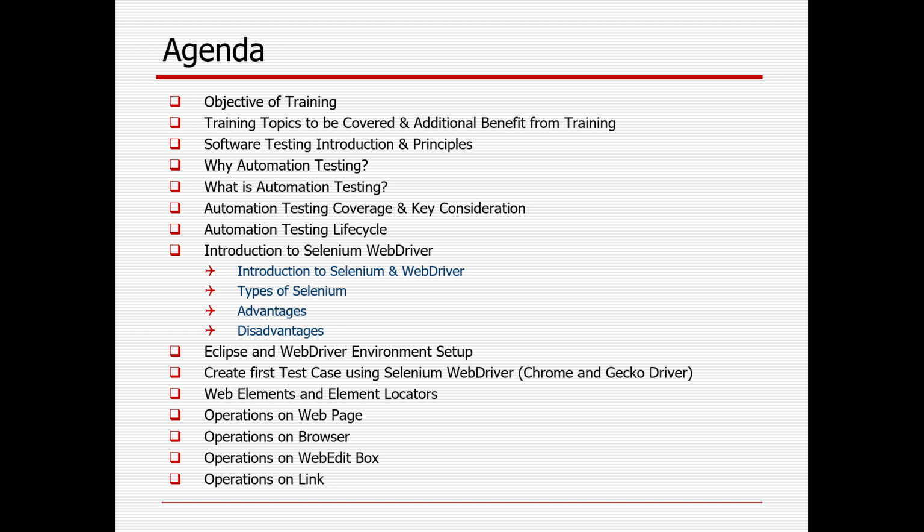So what is the objective of the training? Here, I will purely focus on the automation part. After training is over, you will be able to gain confidence in Selenium WebDriver, basic advanced Java, TestNG, data-driven, keyword, hybrid framework, along with BDD Cucumber, and some Maven and JUnit as well.